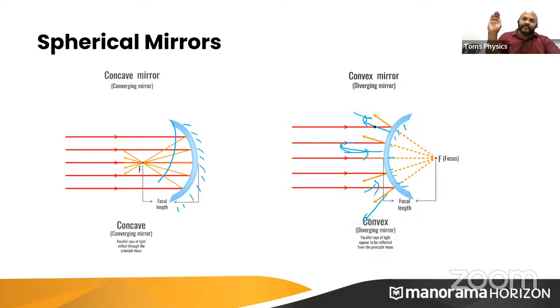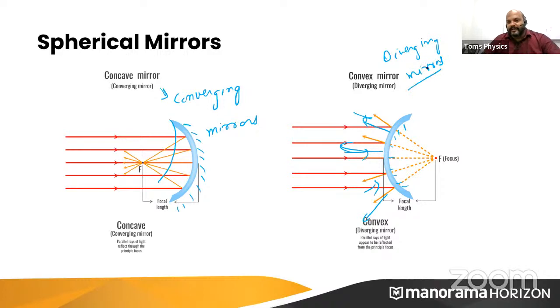So a concave mirror is curved inwards, a convex mirror is curved outwards. Concave mirrors are also known as converging mirrors. And convex mirrors are also known as diverging mirrors.